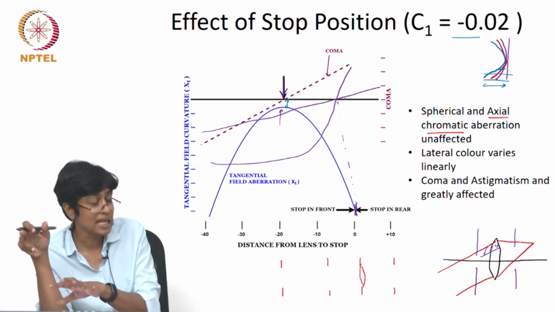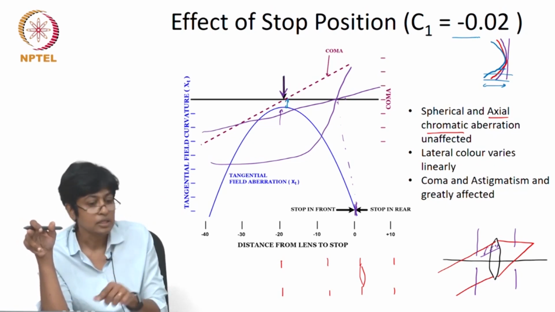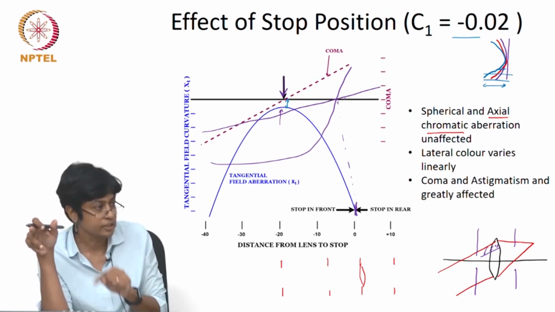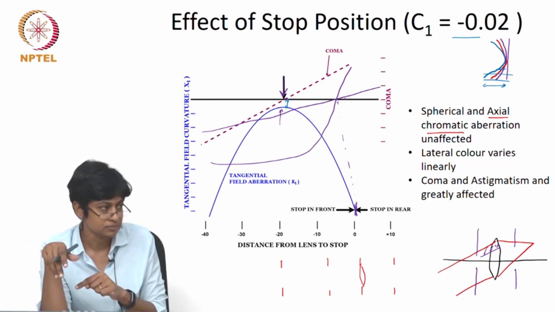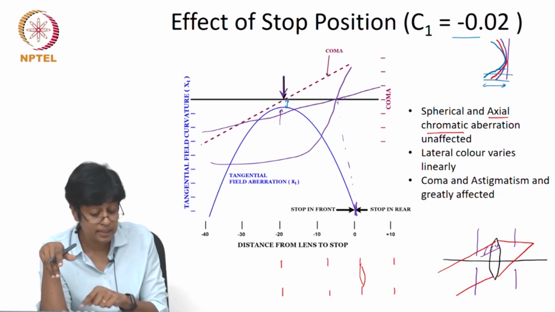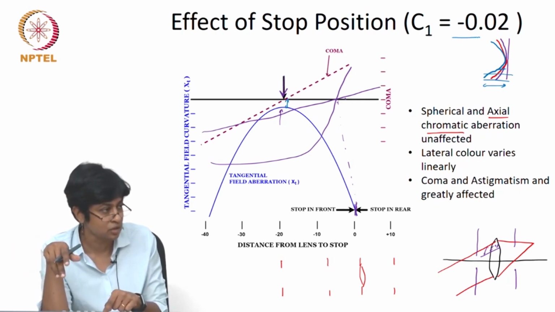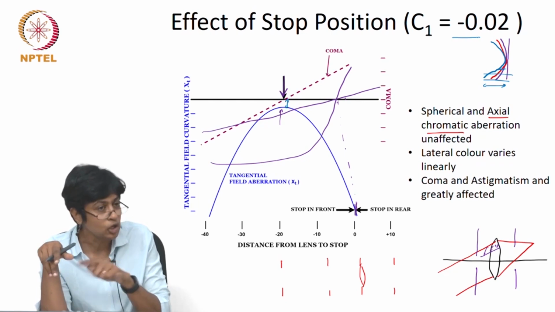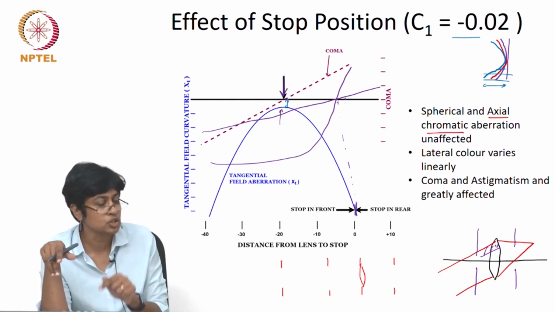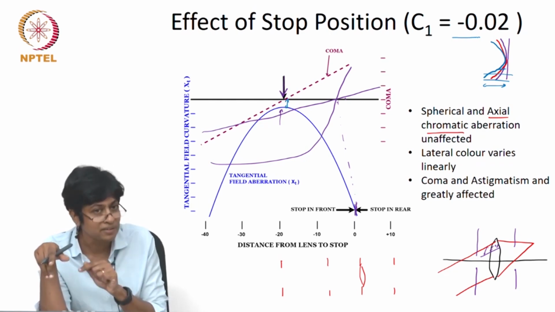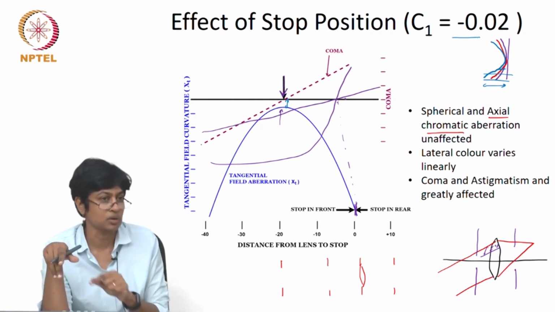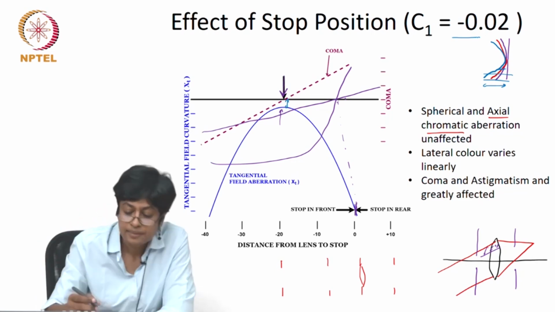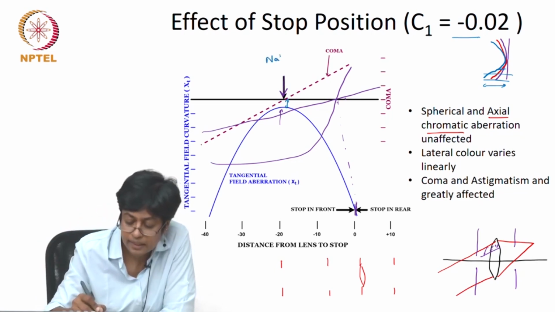The curves would look slightly different, but in each one of those curves you would have a location where coma went to 0. Okay, so it won't necessarily be at the same distance in front of the lens. Depending on the shape, the location of the stop where coma goes to 0 will have a different value, but there will be a place where coma goes to 0. Therefore this is called the natural stop position.